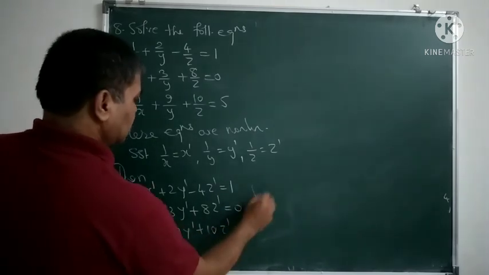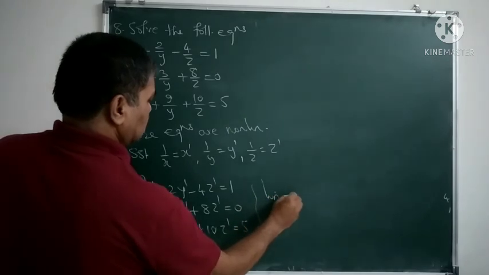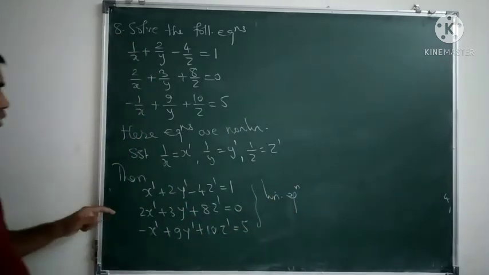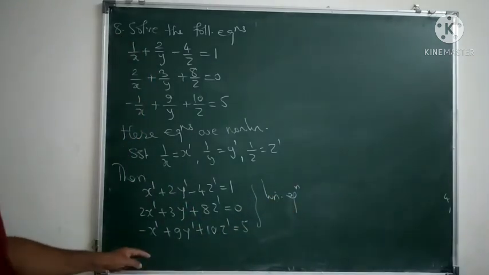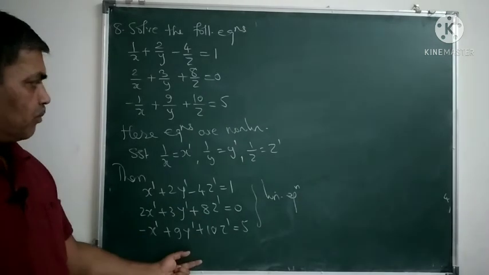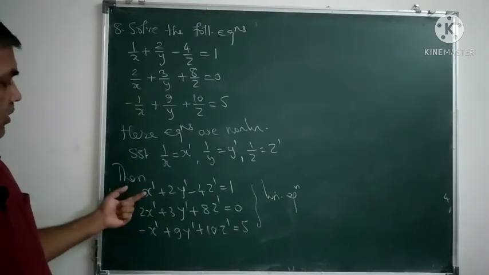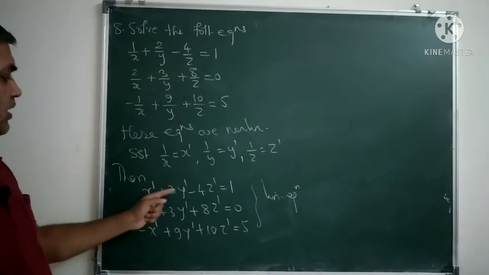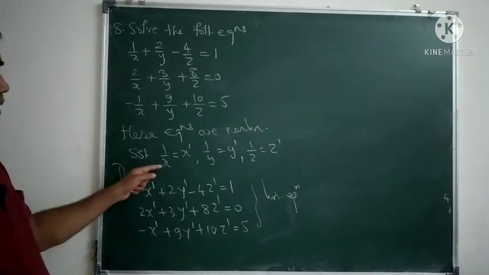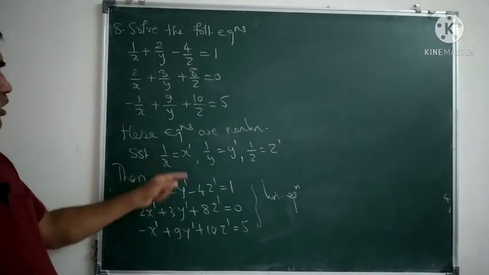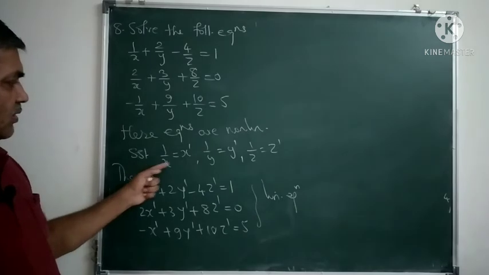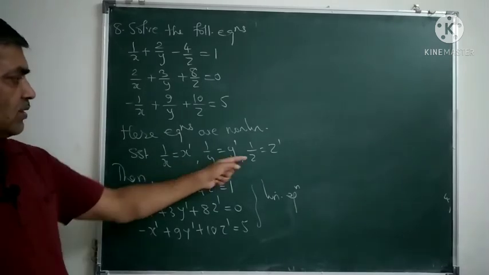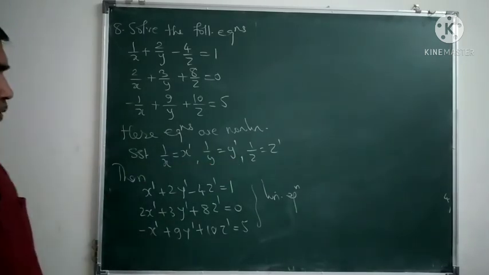Now these are linear equations. We'll solve this for x prime, y prime, z prime by our usual technique, either Gauss elimination or Gauss-Jordan elimination, and we will get the values of x prime, y prime, z prime. Then x is equal to 1 upon x prime, y equal to 1 upon y prime, z is equal to 1 upon z prime. Okay?